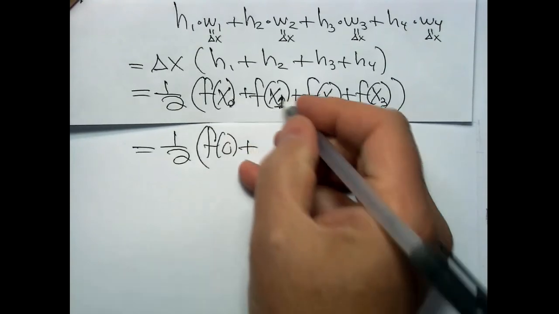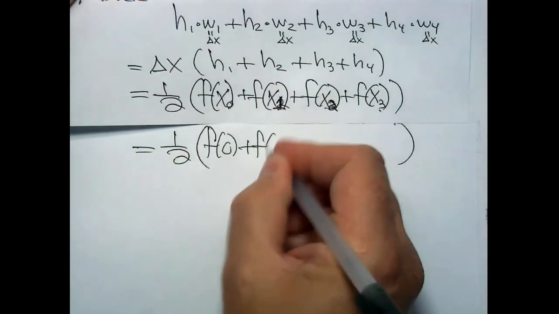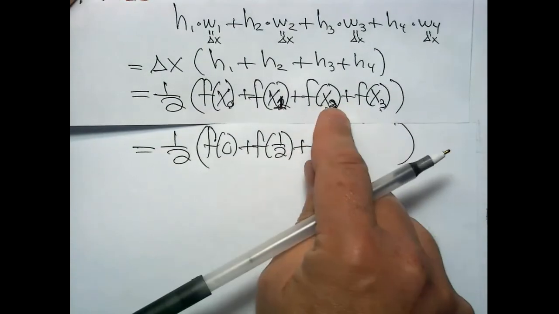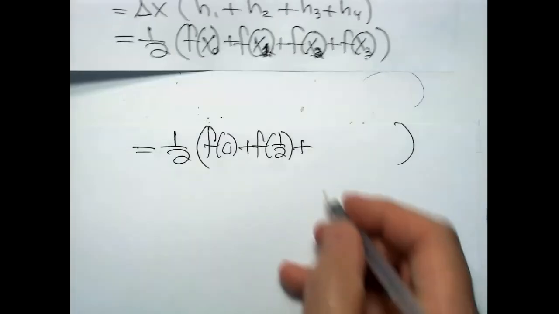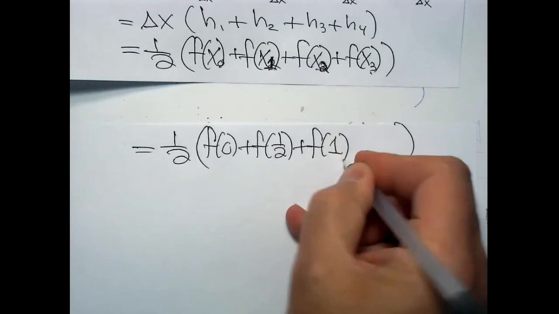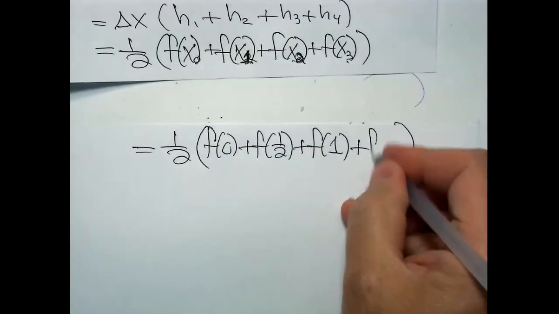What is x1 here? x1 is the very first x. It's simply 1/2. What is x2? x2 is this x value, which is 1. And then finally x3, which is this x value, which is 3/2.